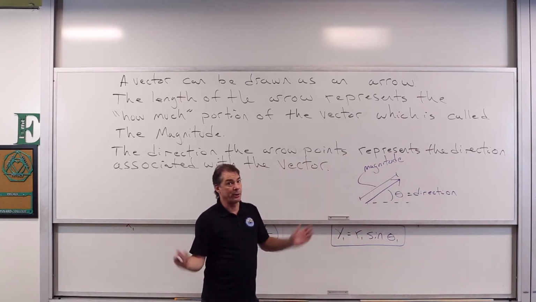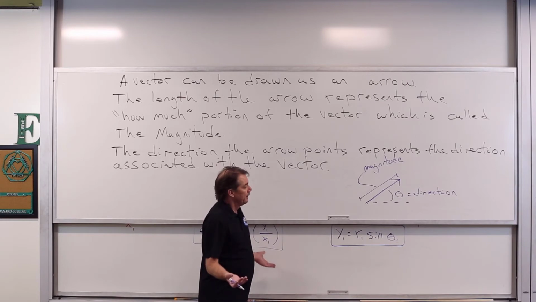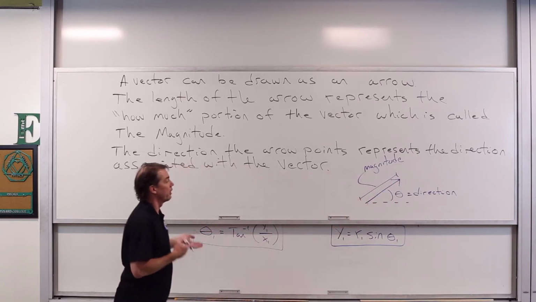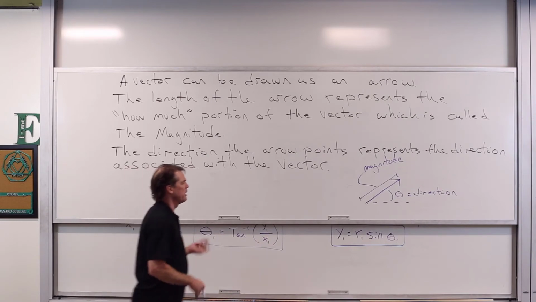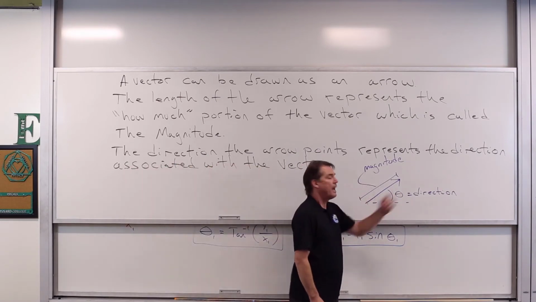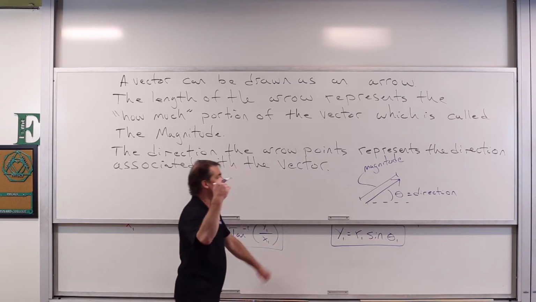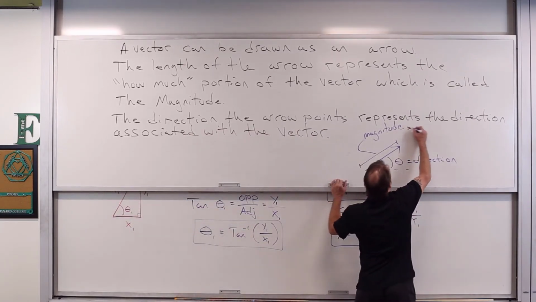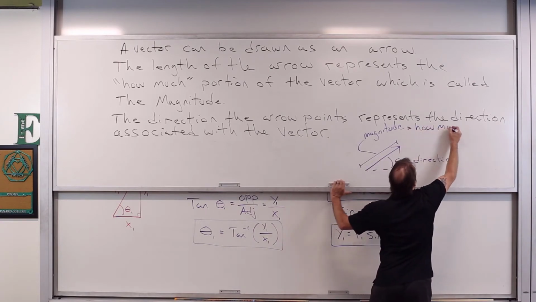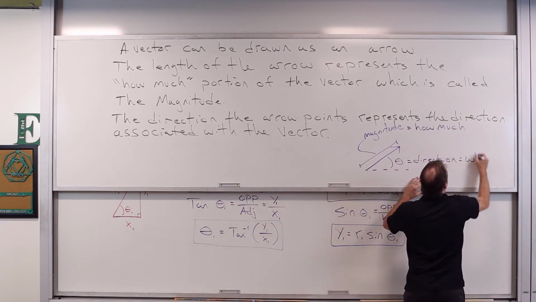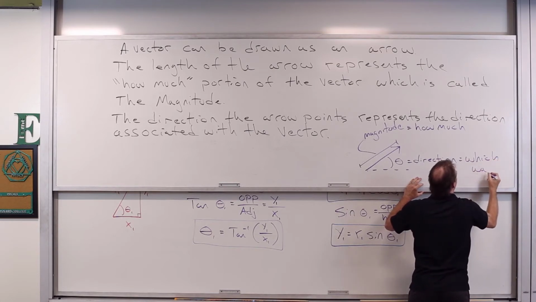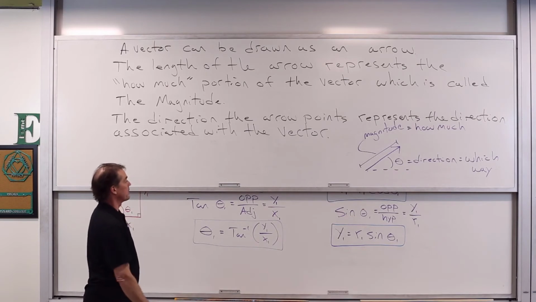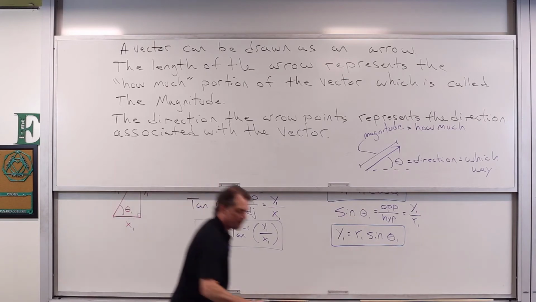It has half the magnitude, half the numerical quantity. We change the direction of it, we change the angle. So this is typically how we want to start looking at vectors in general, is just represented as a magnitude and a direction. A how much and a which way. How much, which way. Those are the two things that we always want to start thinking about with respect to vectors. How much, which way.